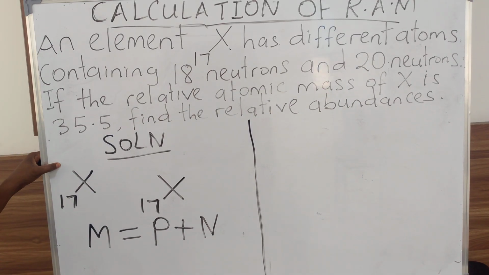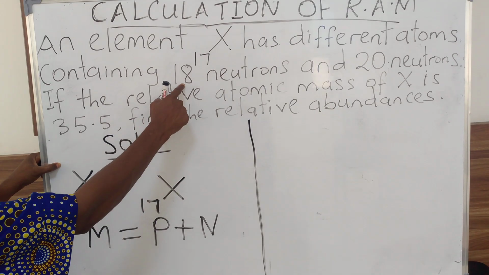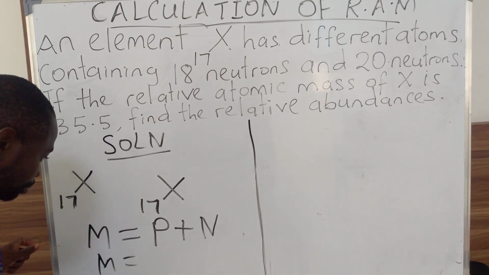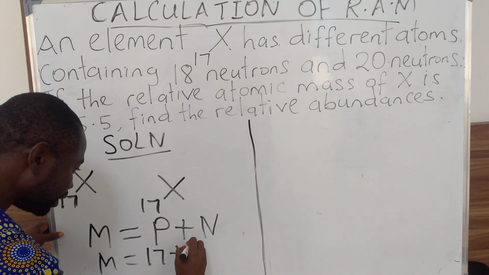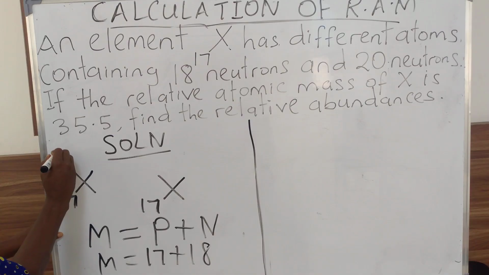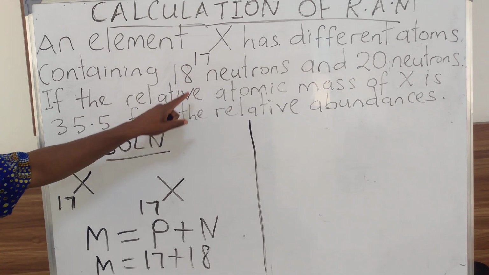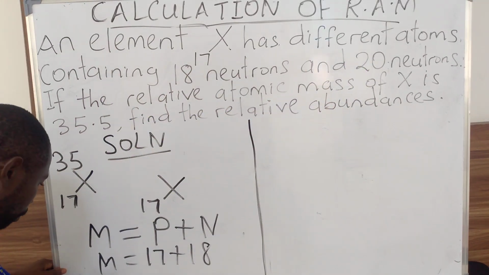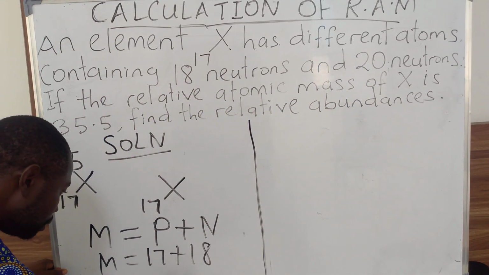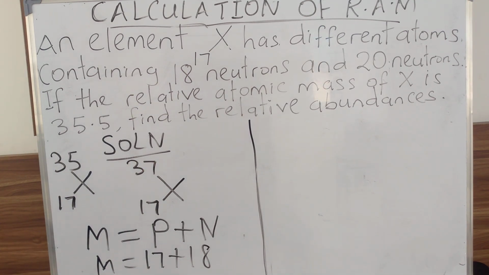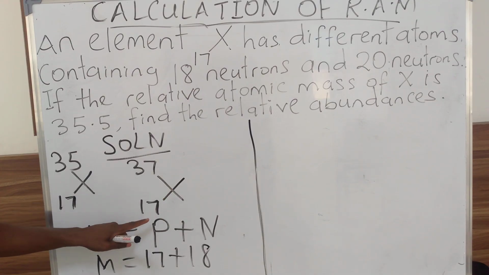So the first mass number will be 17 plus 18, and that is 35. The second mass number will be 17 plus 20, and that will be 37. So I hope this is clear. So we have X17 with mass 35, and X17 with mass 37.